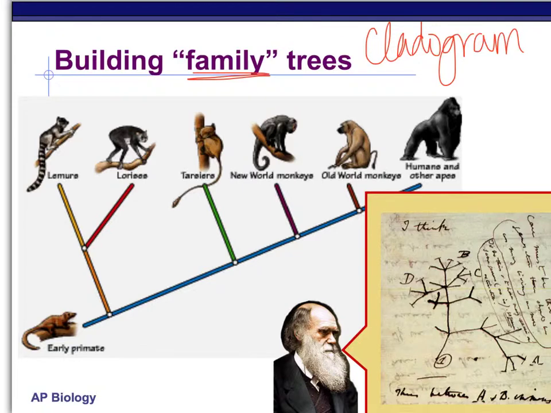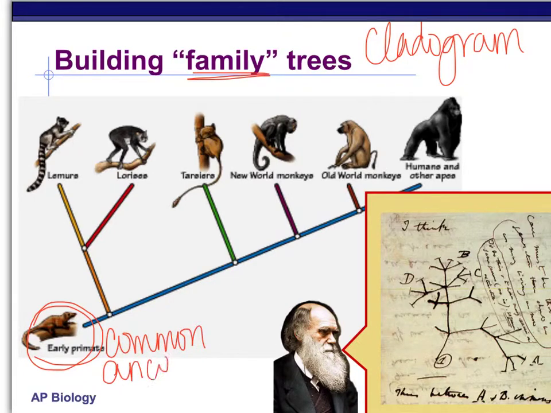So down at the bottom is always where we'll put the common ancestor. I'm trying to write pretty for you. And then all of these lines just show how we've diverged from that common ancestor. So right away you can see that there are 2 different directions we can go.